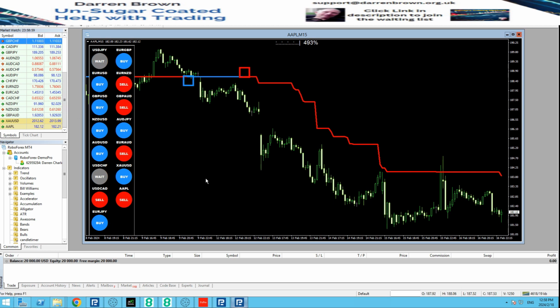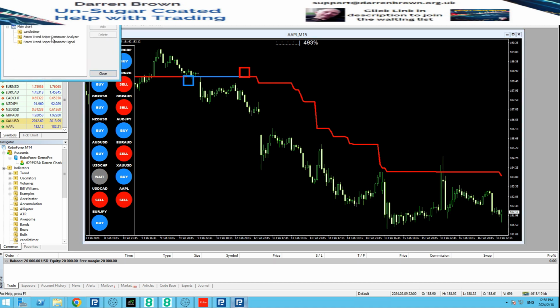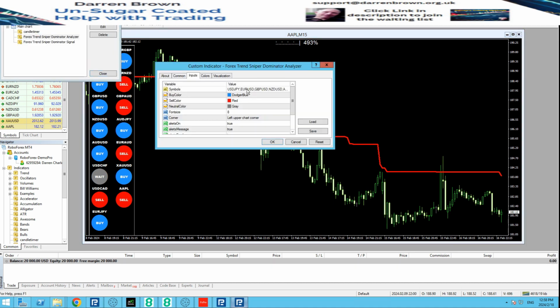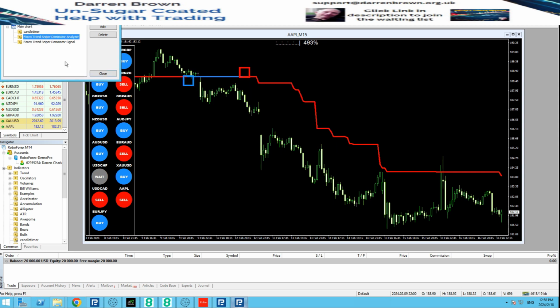So what I'm going to do now is just do the same thing. I'm going to go across here to indicator list, go back to analyzer, and you'll see that this is here. You'll also see that you've got the alerts messages, where you can have the alert come up left, down, and upper chart corner. You've got color, you've got your visualization again. Time frames, you can set them again if you only want 5 and 15 minute time frames.